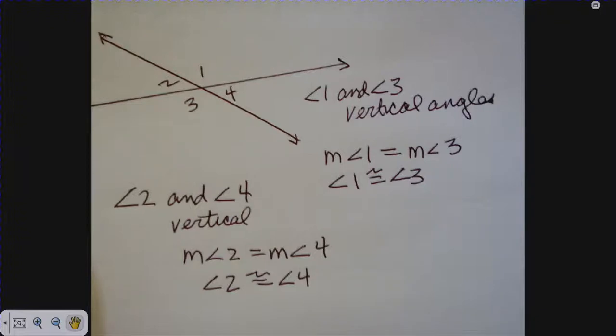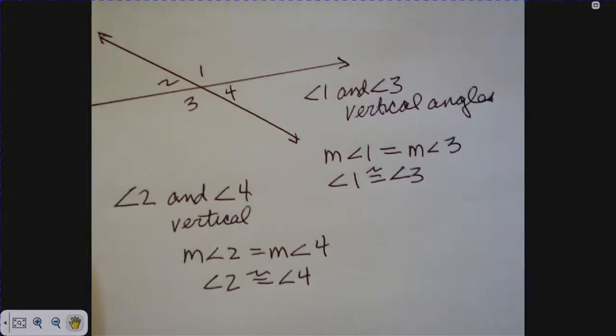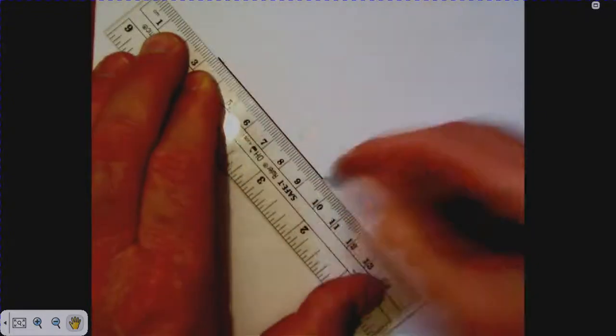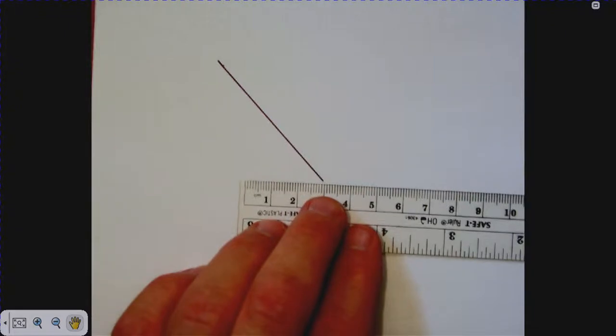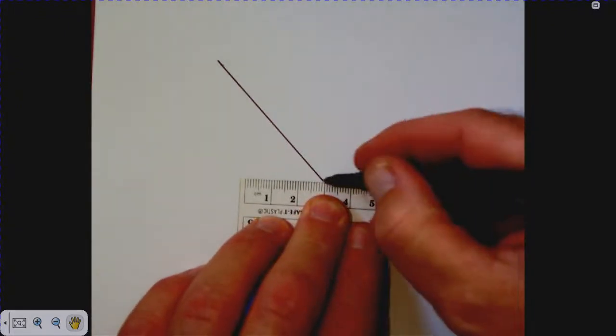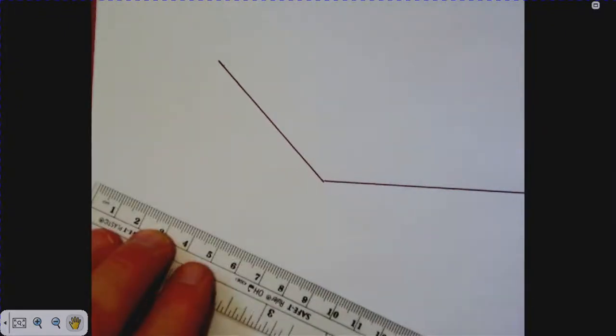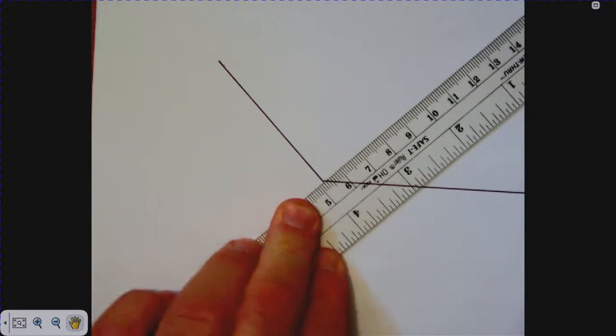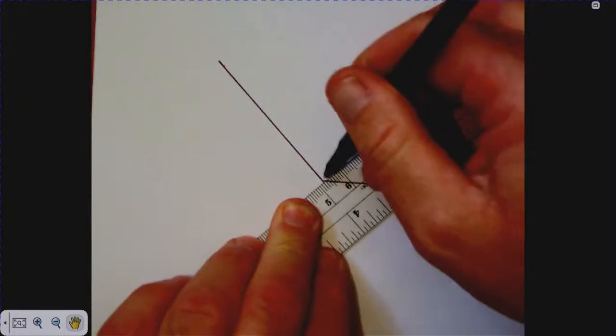Now, if we have two angles on the same plane with a common side and common vertex and no common interior points, we call them adjacent angles. That sounds fancy, but what it means is I have an angle here, and then I have a common interior ray here.